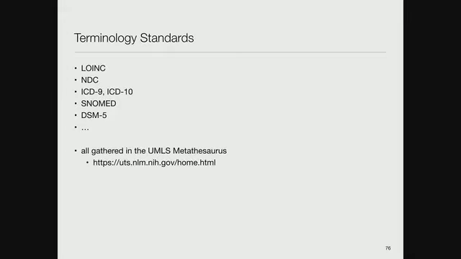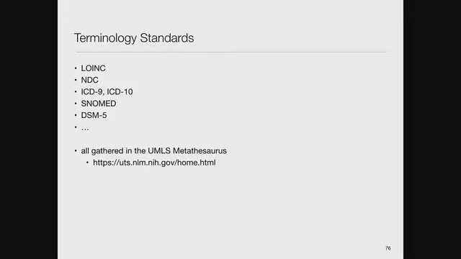So the terminologies that exist are LOINC and NDC, ICD-9 and 10. SNOMED I didn't talk about today. DSM-5 is the Diagnostic and Statistical Manual for psychiatrists that's used as a common coding method for describing psychiatric disease, and there are many more of these.